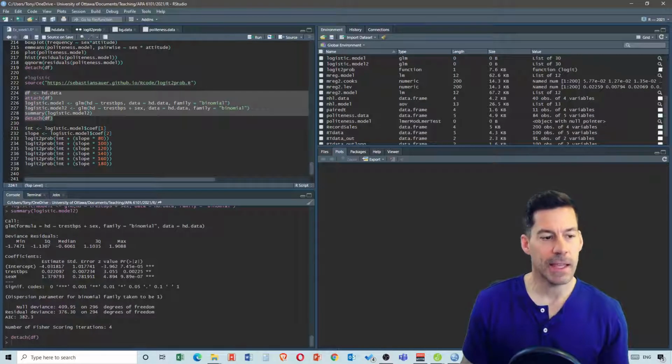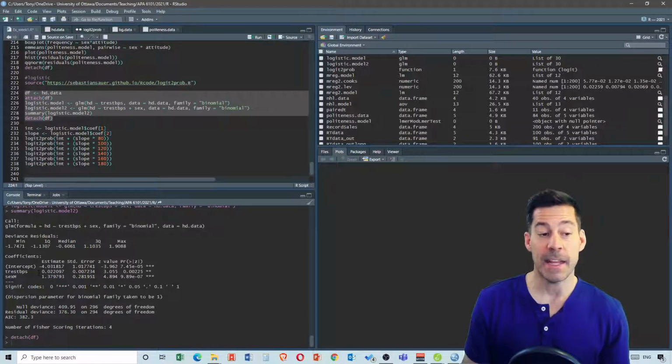Now what we see is we get new coefficients. We've got an intercept of negative 4.03. And with change from sex from female to male, remember R does this in alphabetical order, we see an increase of 1.379 log odds.